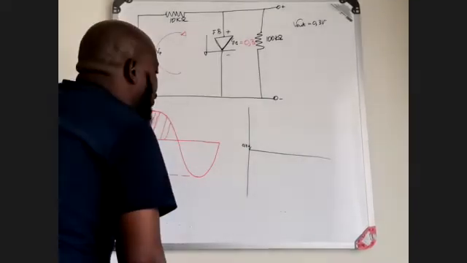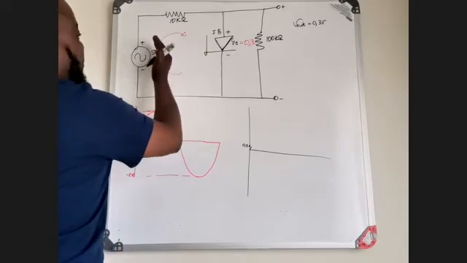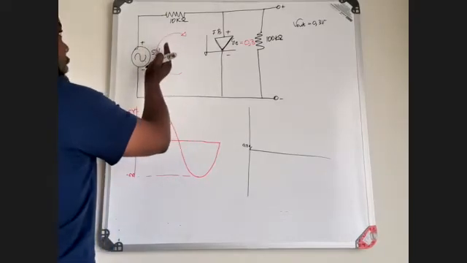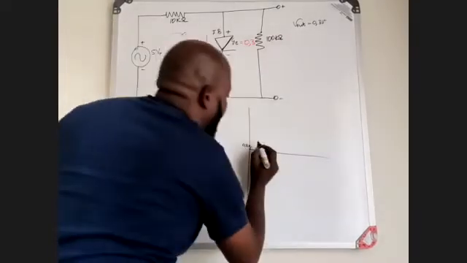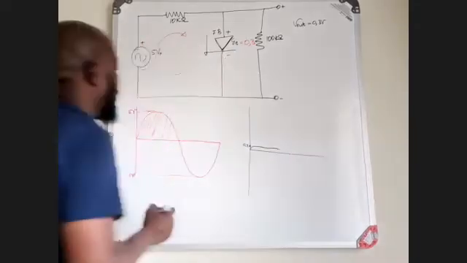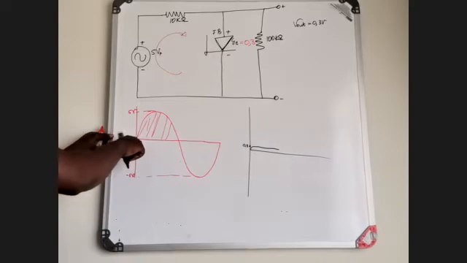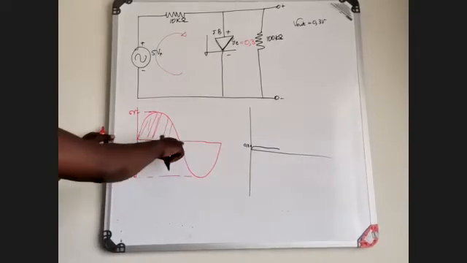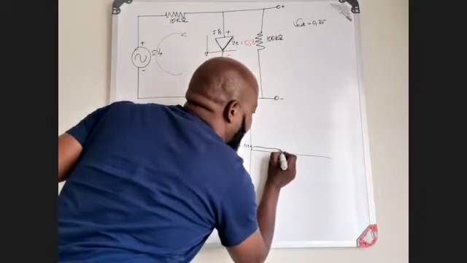Once it gets to 0.3 volts, the voltage that this input increases to doesn't affect that component. So you will remain at 0.3 volts up until this cycle comes back to 0. Then you will see that it's going to be like this.